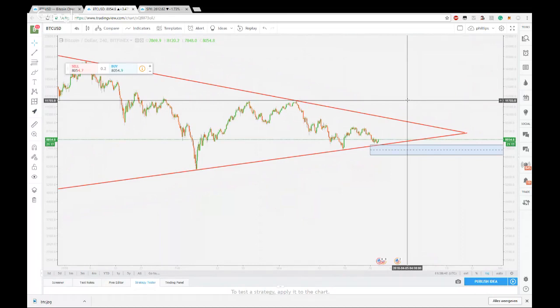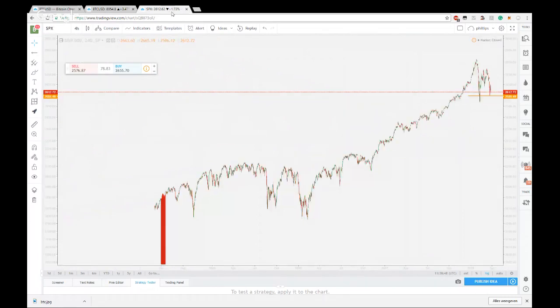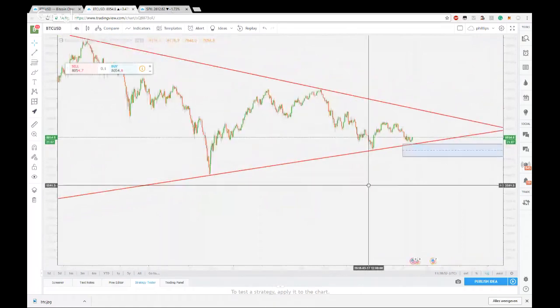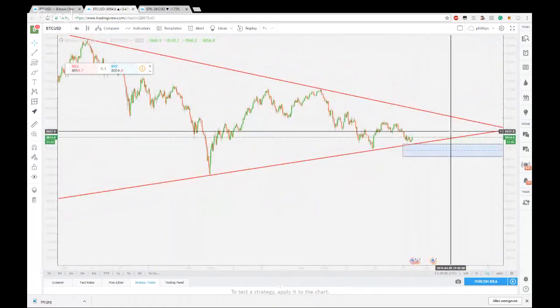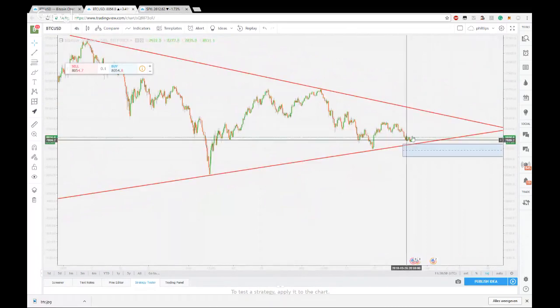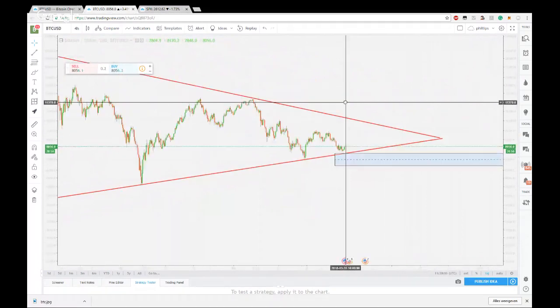So I'm going to look for any kind of response from Bitcoin as soon as the SPX breaks down. And most likely this wedge will, coincidentally or not, coincide with the crash of the stock market. That's just the way things usually go. It might be coincidence or not, but we will see how Bitcoin reacts.